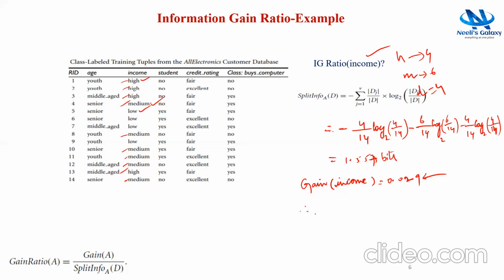Therefore, here is the gain ratio of income. What is the formula? Gain ratio is equal to gain of A divided by split information of A. A in the sense of income here, right?